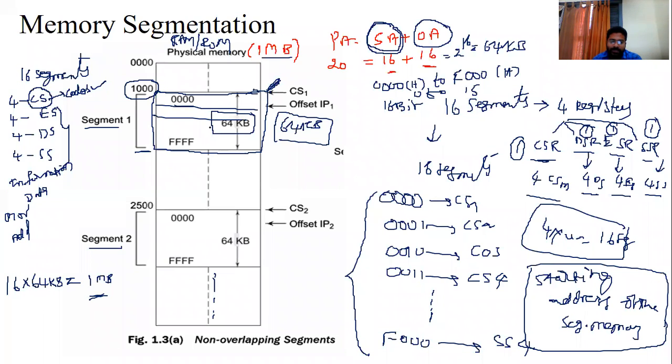Likewise, this segment address will identify the starting address of this segment. In this segment, remember, the address locations are identified by the offset addresses. Yes, this one is the offset address.